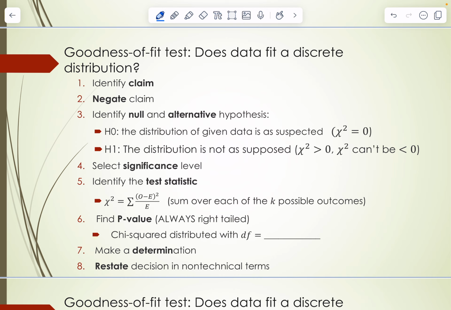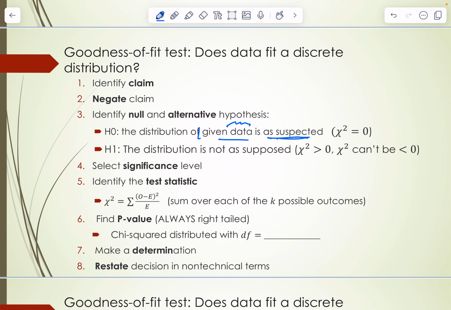The null hypothesis, H naught, is that the distribution of the given data is as suspected. Now, I just want to say, it's not that the distribution of the data is as suspected. It's that the underlying process that generated that data has a distribution as suspected.